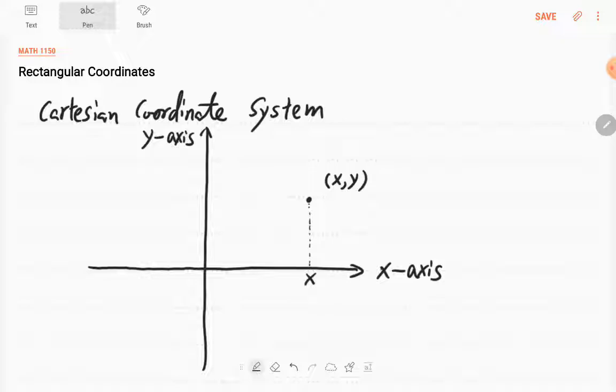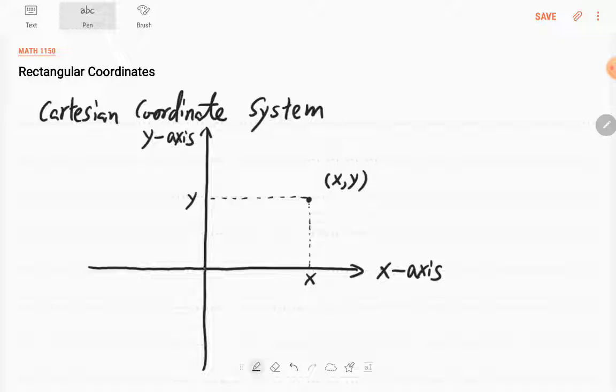If we draw a vertical line to the x-axis, that is this number, x. If we draw a horizontal line to the y-axis, that is y. So this point is the (x, y) point. If x is 5 and y equals 1, then this is the (5, 1) point.